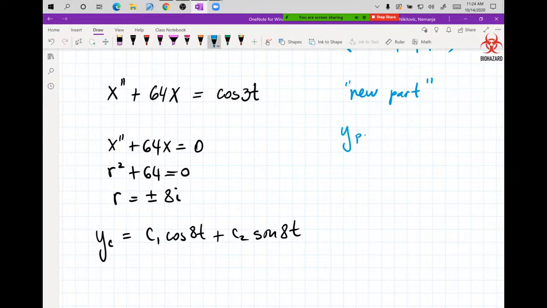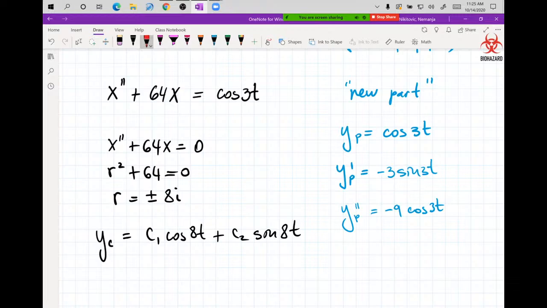If you're assuming your yp to be cosine 3t, you differentiate to get negative 3 sine 3t, and you differentiate again, and you get negative 9 cosine 3t.